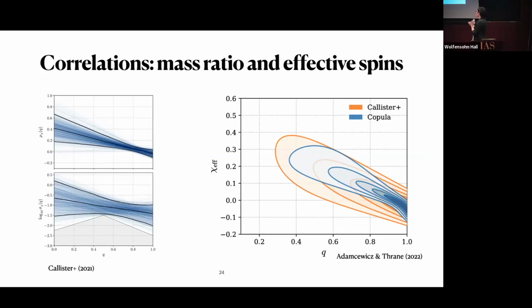You might expect something like this because chi-effective is a mass-weighted combination of the two black hole spins, so if only one black hole is spinning, you would expect some correlation. This makes it look like if one black hole is spinning, it's the more massive black hole in the binary, which is a little strange, but not too unexpected, I guess.